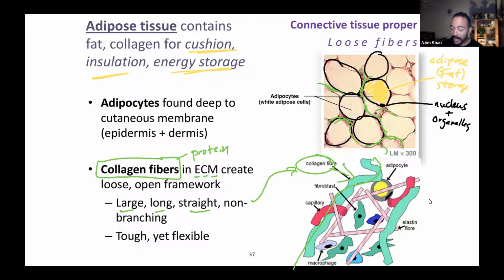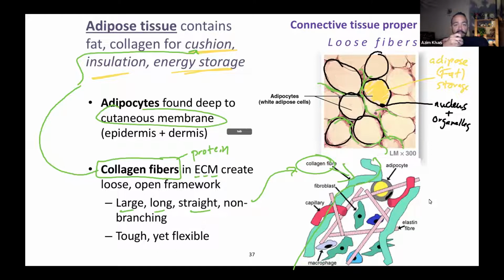If adipose is going to be serving as cushion in places that are deep to our skin, the superficial part of your skin is called cutaneous membrane. The deepest part is your adipose. If we're going to create some cushion, we need some spring back and flexibility, some toughness and flexibility. Adipose has collagen in its extracellular matrix. It can provide that cushion and flexibility.